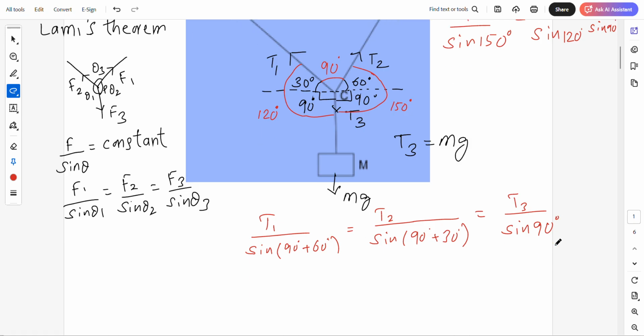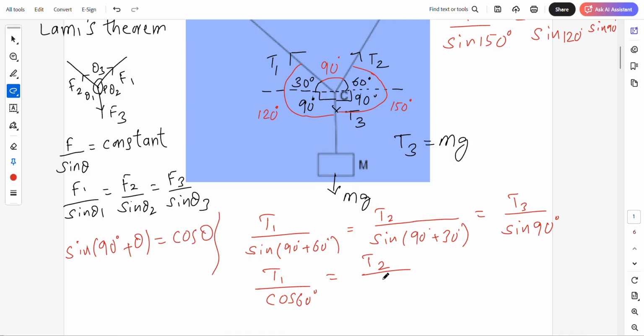Now, how much is sine of 90 plus 60? Sine of 90 plus 60 is nothing but cos of 60 degree, because we know that sine of 90 degree plus theta is equal to cos of theta. T2 by cos of 30 degree, that is equal to T3 by sine 90 degree.